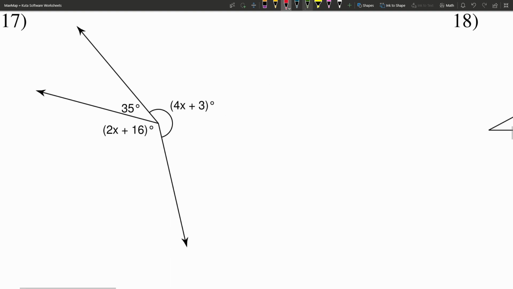Number 17, we know that all three of these angles pictured, 4x plus 3, 2x plus 16, and 35, when summed together, will equal 360 degrees.